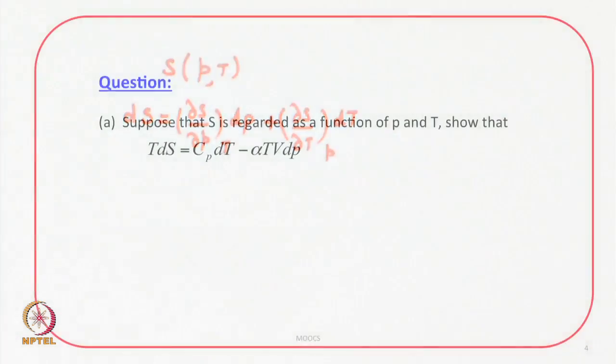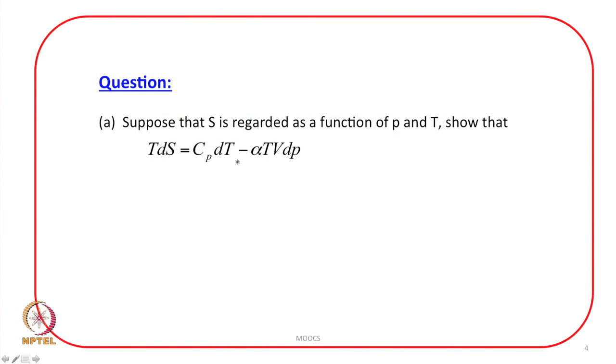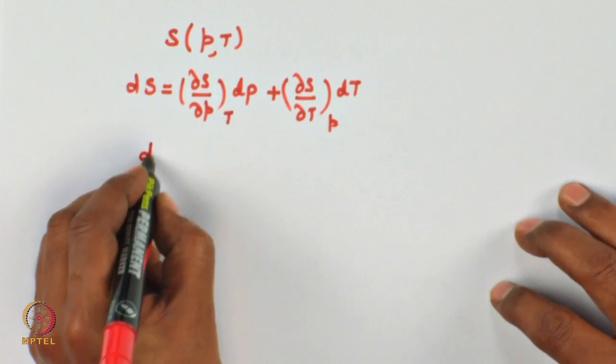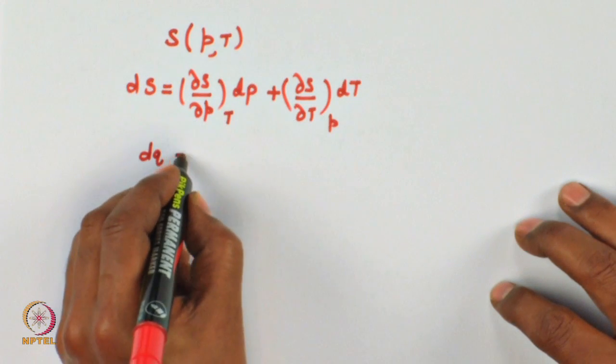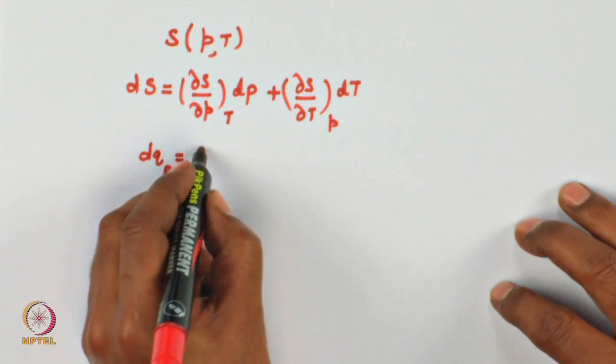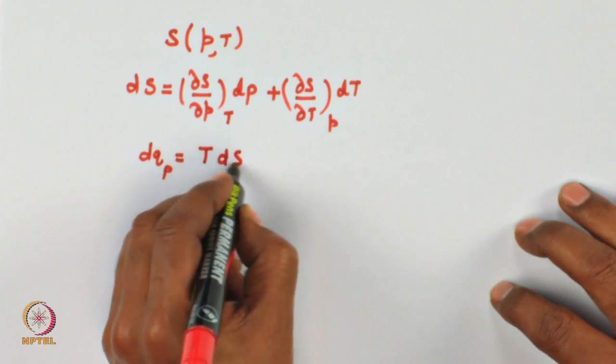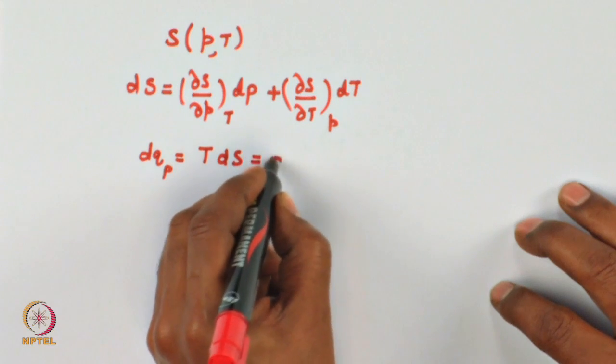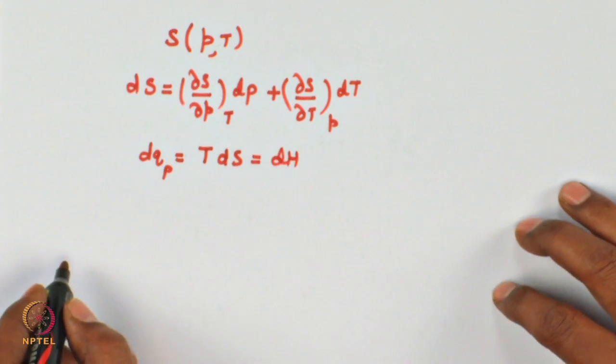In the given question, along with the dT term, there is a Cp. How do we get Cp? You know that dq at constant pressure is equal to, dq is always equal to TdS, and constant pressure means I will say dH.